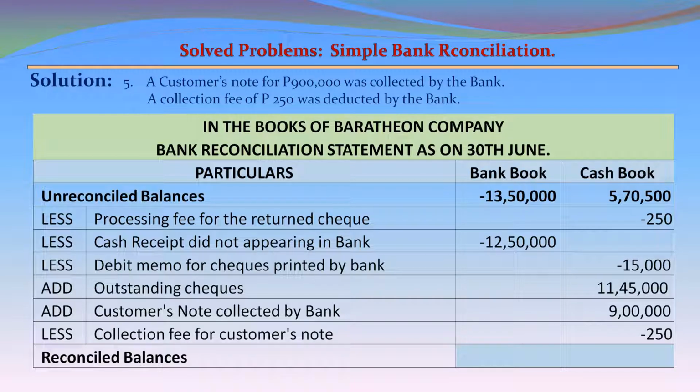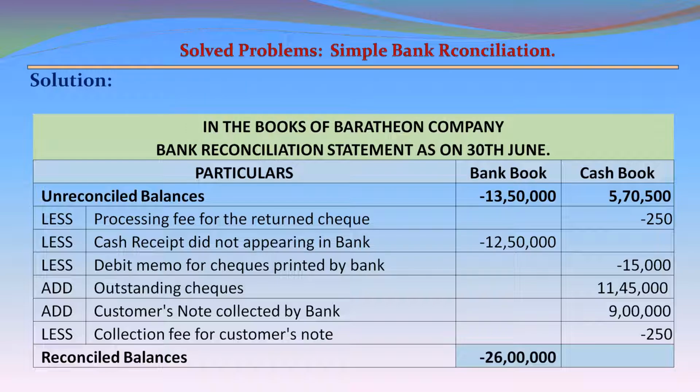Adjustment 5, the second part. A collection fee of 250 was deducted by the bank. So this transaction is appearing in the bank book. They reduced our amount, and so we have also to record this as a bank charge and reduce our cash book balance. So less collection fees for customer's note minus 250.